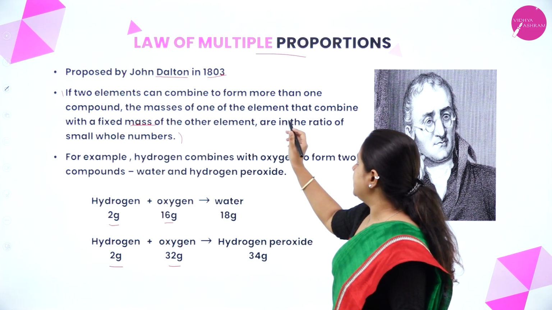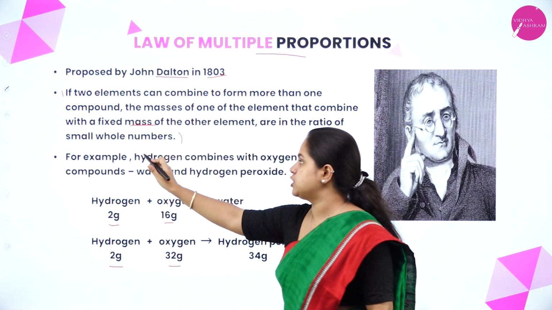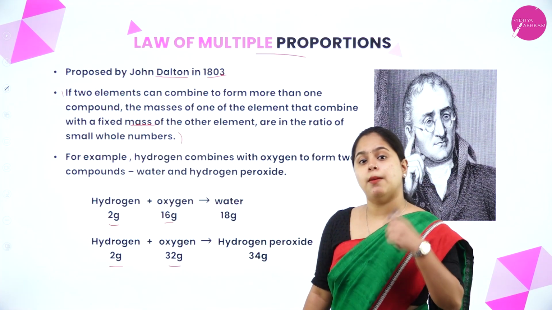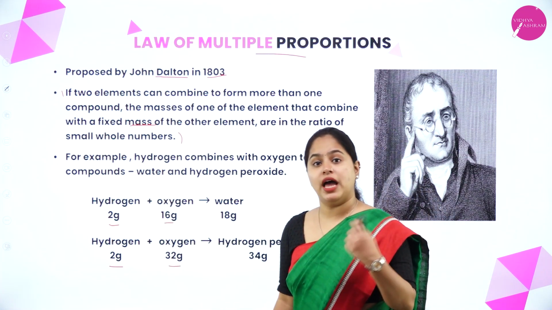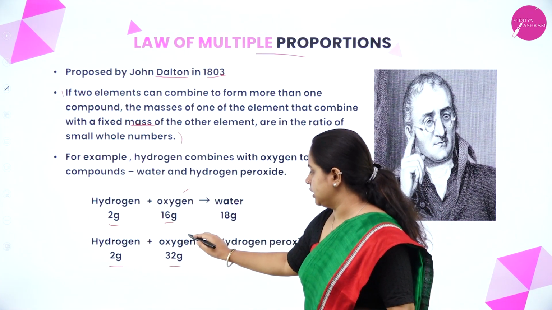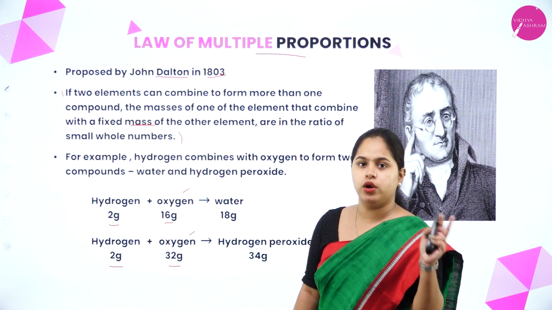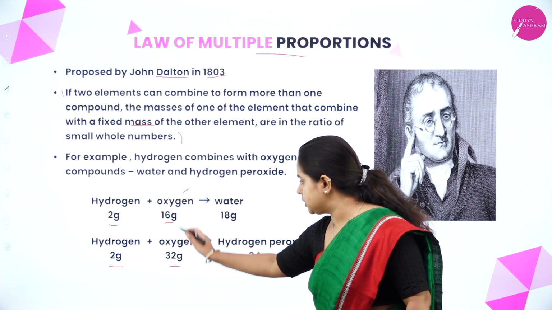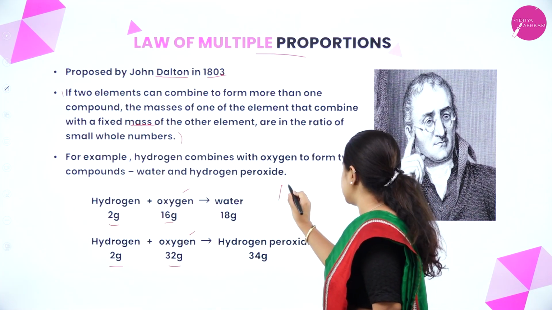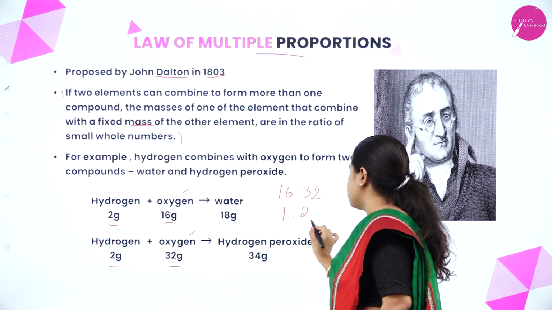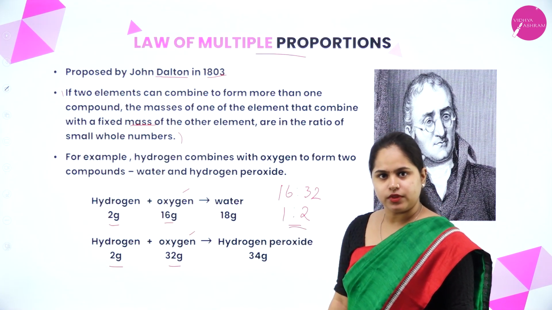So, the other element is in the ratio of small whole numbers. The element which is combining with the fixed mass of another element, that is oxygen in this case, the ratio between them will be a small whole number. So the ratio between the masses of these two, that is 16:32, I can simplify it and write it as 1:2, right? That's clear.